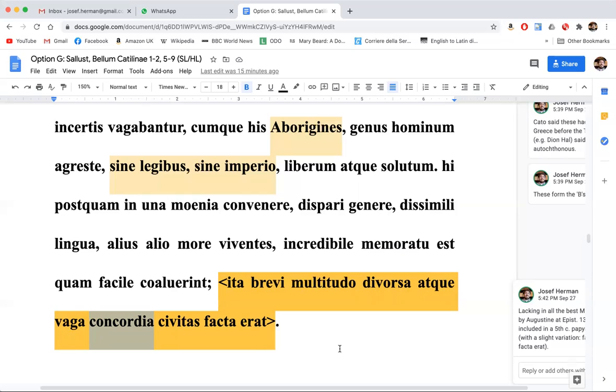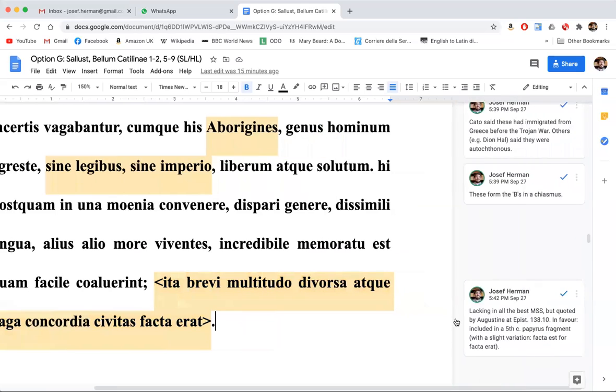Okay, now, why is this phrase in these kind of rather strange brackets? I've put a little explanation in a comment here. The reason that we put this phrase in brackets is because it is lacking in the best manuscripts, right? It's not in the best manuscripts that we have of Sallust's text.